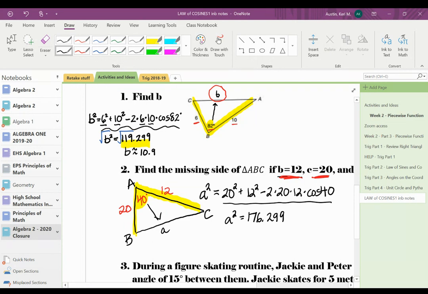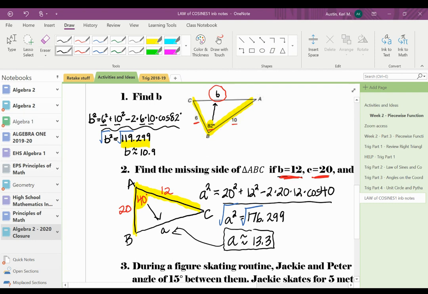Again, this is a squared. I don't want to know the side squared. I'd like to know what a is. So I take the square root of both sides using my calculator, about 13.3, the missing side. Seems reasonable.